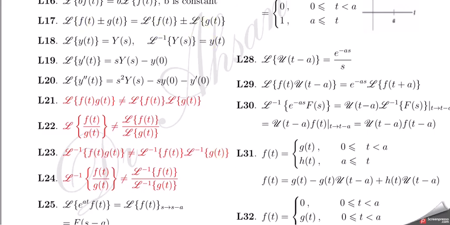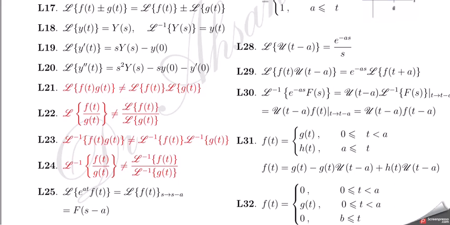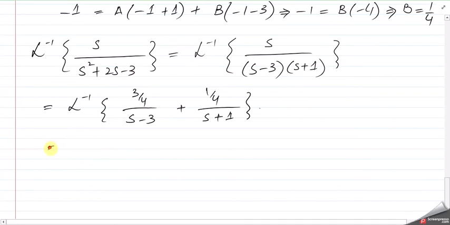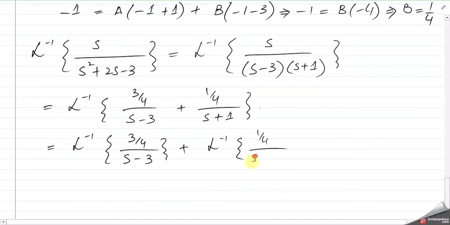So inverse can also be separated over addition or subtraction. So we can make two inverses. So Laplace inverse of 3 by 4 over s minus 3 plus Laplace inverse of 1 by 4 over s plus 1.